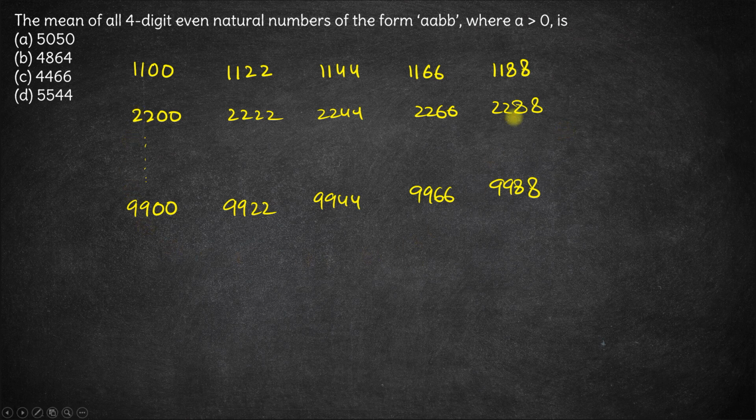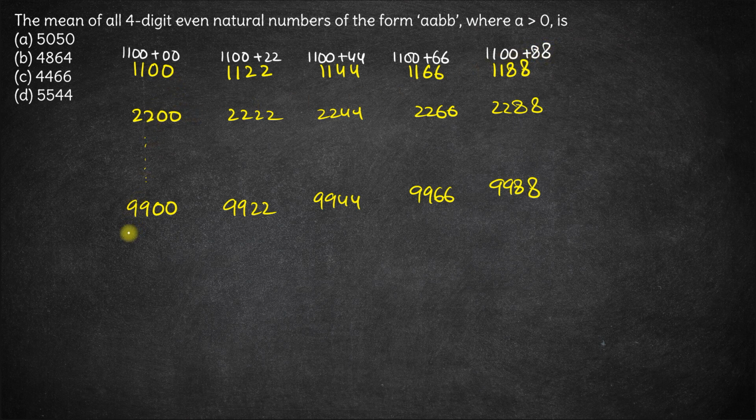Now to calculate the sum of all these values, let's break each of these numbers. Now 1100 is basically 1100 plus 00. 1122 is effectively 1100 plus 22. This is effectively 1100 plus 44. This is 1100 plus 66 and this is 1100 plus 88.